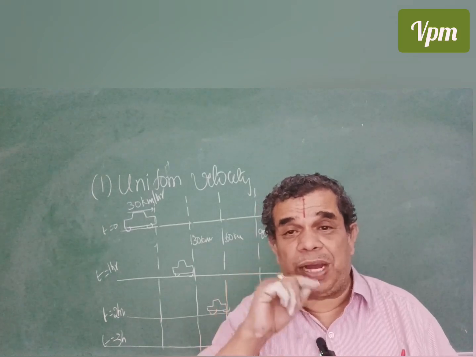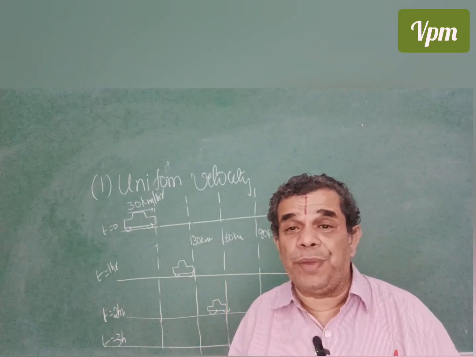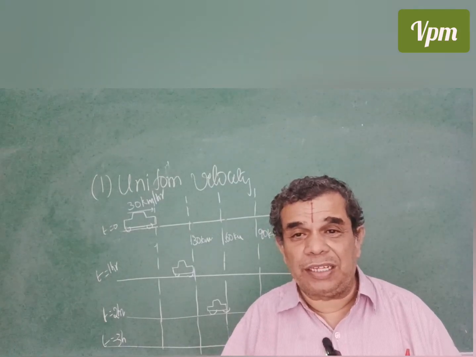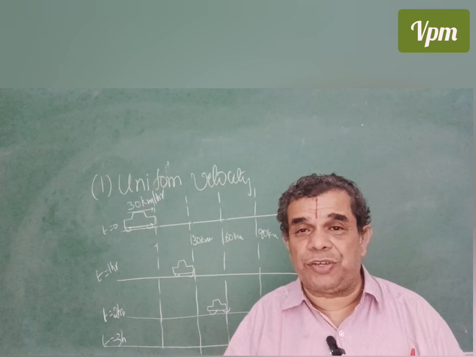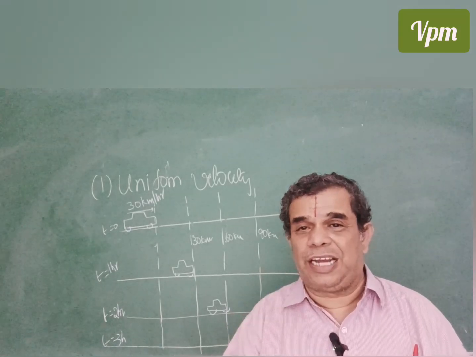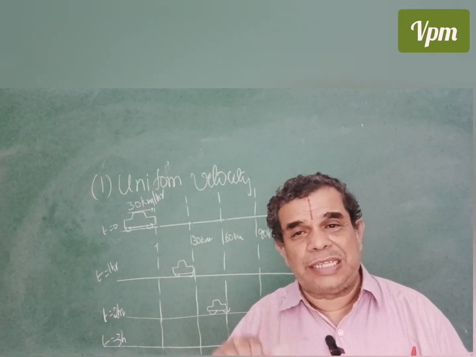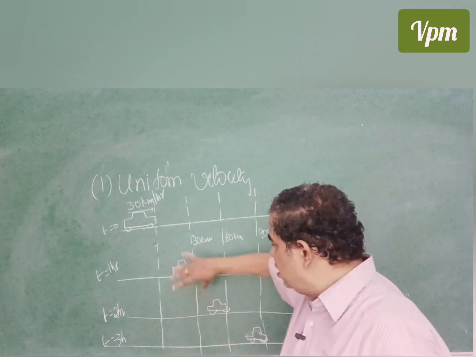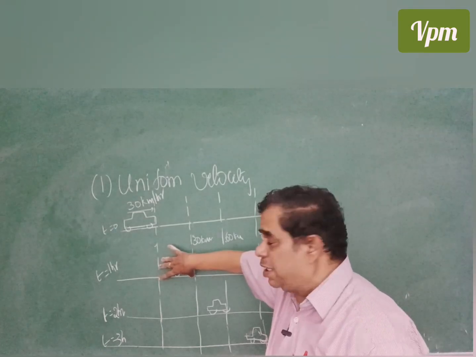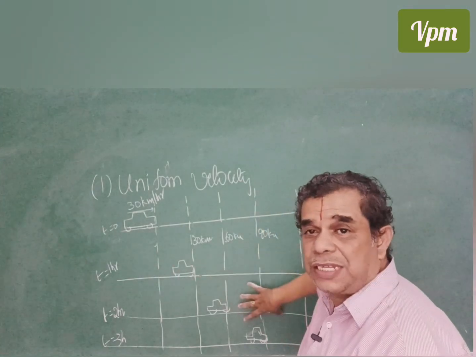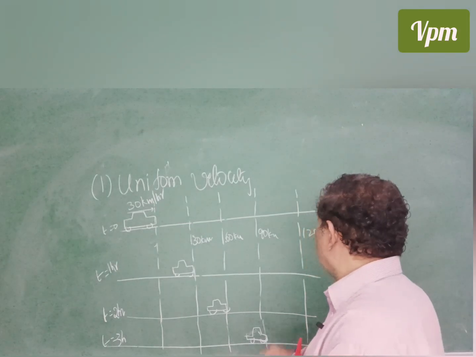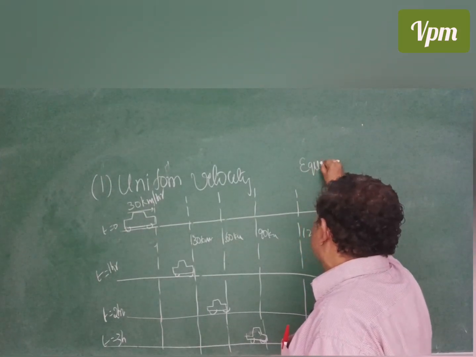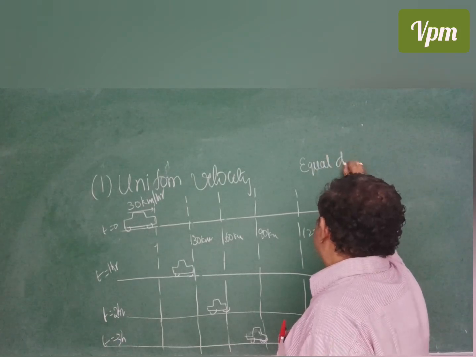That's what we mean by uniform velocity. Can you think about it for a while? If you want, you can stop this video at this point and create the answer for uniform velocity, then continue. Observe, in 1 hour 30 kilometers, next hour 30 kilometers, next hour 30 kilometers. So there is 30 kilometers displacement in each hour, equal displacement.